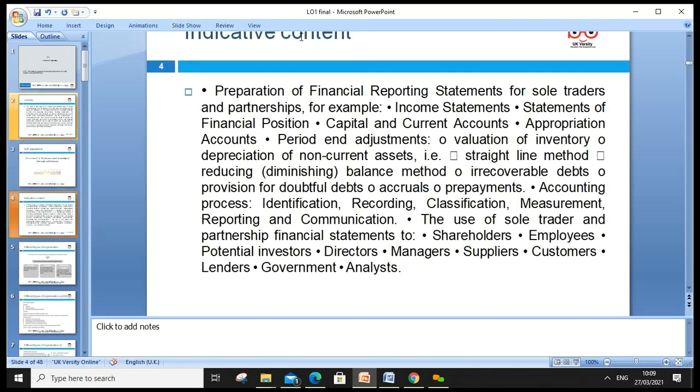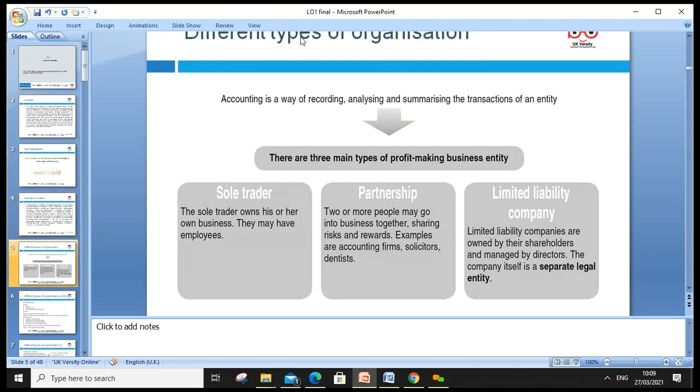This is all the inductive content I mentioned. First we'll go through the key difference between sole trader and partnership. We all know a sole trader is one person. A partnership has a minimum of two people, and their main object is to earn a profit legally, so by law they make a contract.